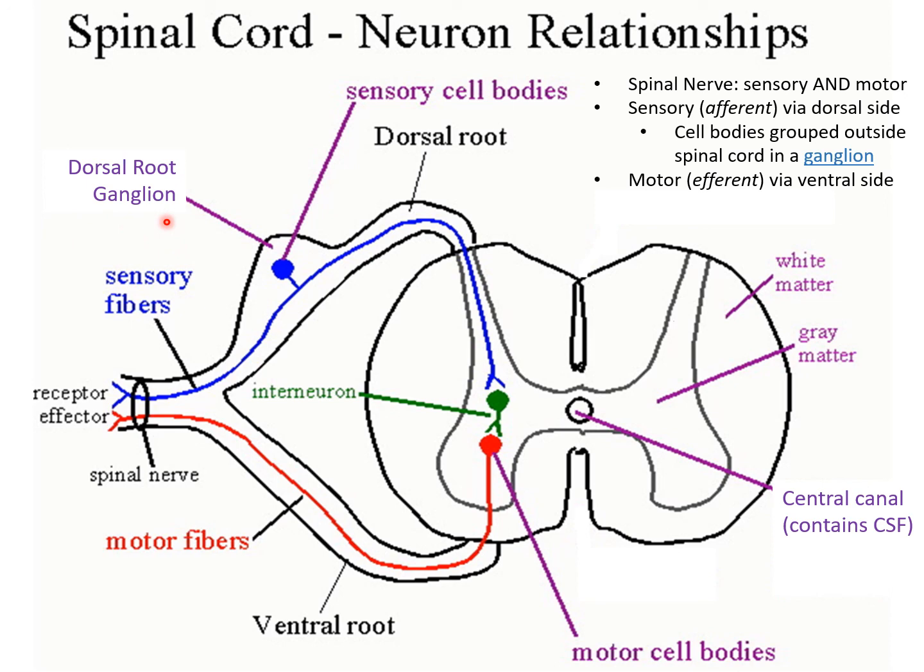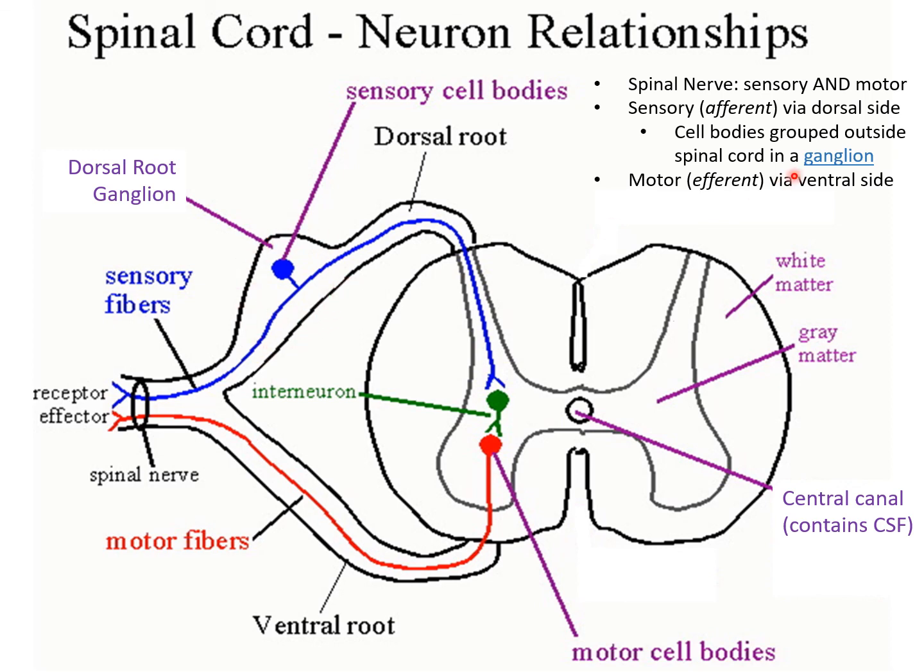And this dorsal root ganglion is a group of neuron cell bodies, specifically a group of sensory neuron cell bodies. Remember that the sensory neurons are mostly unipolar. Okay, so here we can see one little appendage off of the cell body of the neuron. They're all stored pretty much right outside of the spinal cord, making up this big grouping right here.